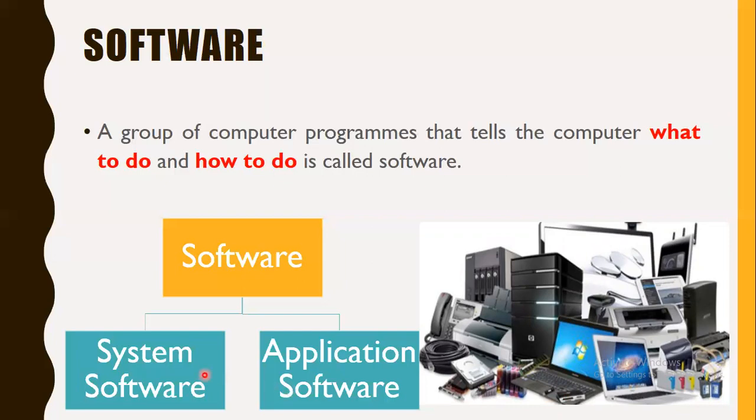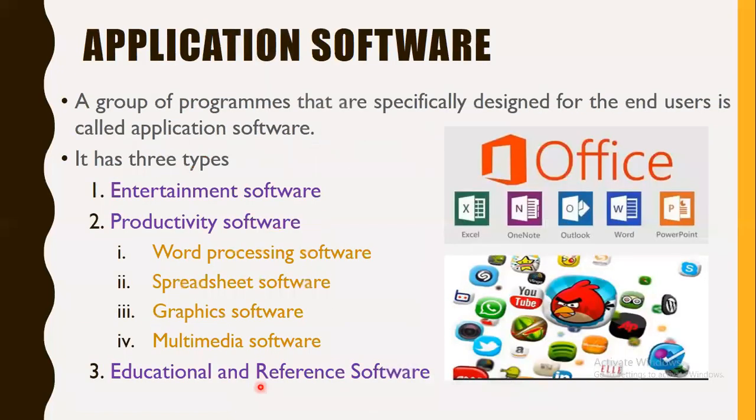In previous lectures, we have studied about the system software, what is a system software, what are its types. In today's lecture, we will learn about application software and its types. First of all, we need to understand what is an application software.